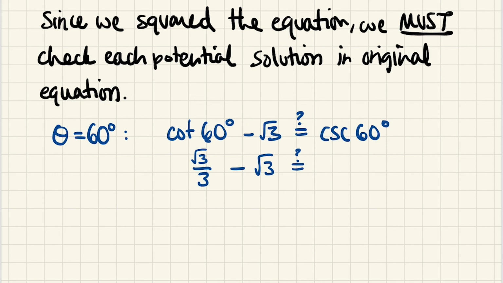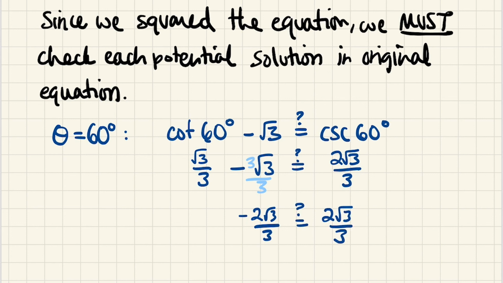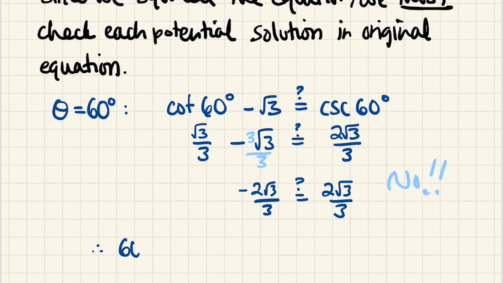Well, cosecant of 60 degrees is the reciprocal of sine of 60 degrees, so this is going to be 2 rad 3 over 3. So is this true? Well, we need a common denominator over here. So now we have everything over 3. Let's do the subtraction. Rad 3 minus 3 rad 3, that would be negative 2 rad 3 over 3. Is that equal to 2 rad 3 over 3? No. So 60 degrees is not a solution.